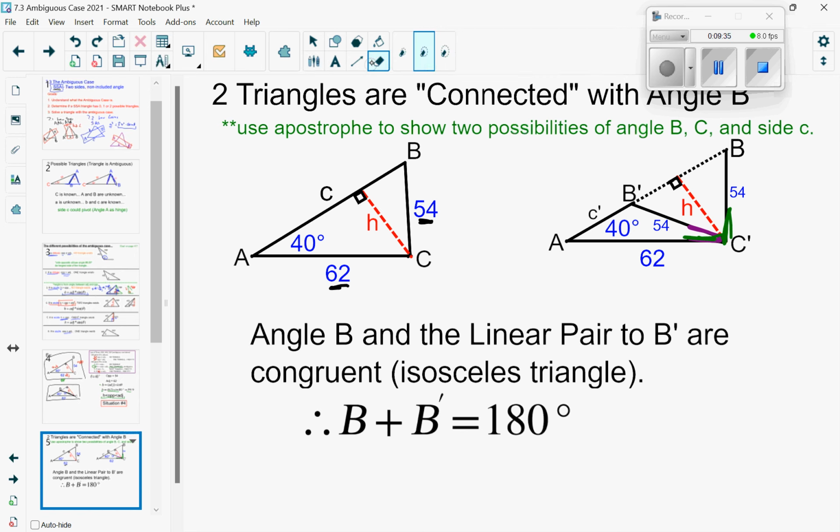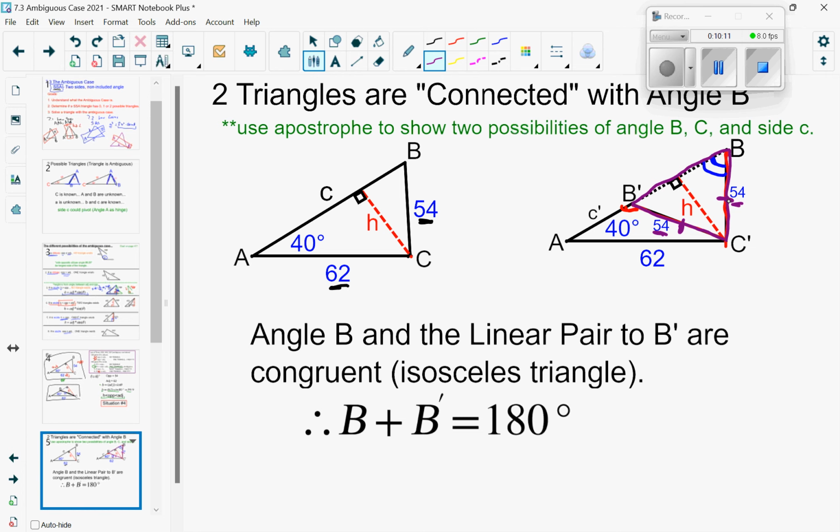So it all depends on how this 54 lays, and therefore it affects my height. If 54 would be right here, my B would be right here, which is perfectly fine. Or if 54 would be right here, my B would be this angle right here, blue. Interestingly enough, if I look at just this triangle right here, this is 54 and this is 54, so these are isosceles.